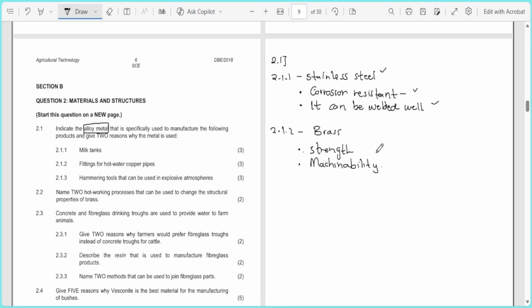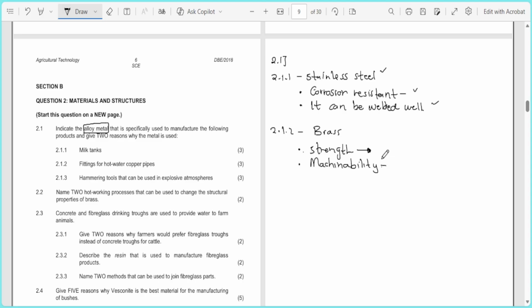Machinability. Well, because brass can maintain its strength at very high temperatures, since hot water will be going through the copper pipes, at the joints you're going to find brass. Since they have higher strength at high temperatures, they can hold their own. The machinability part is because it is easily machined into precise threads and fittings.